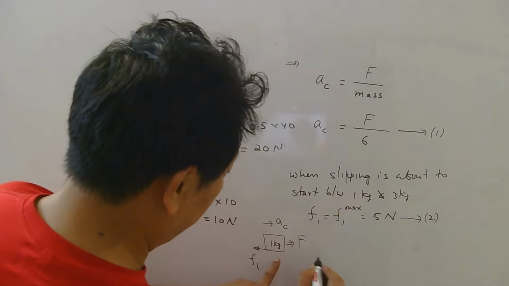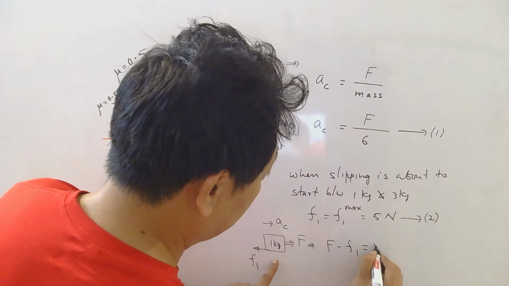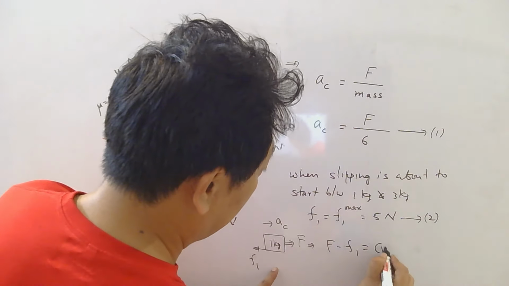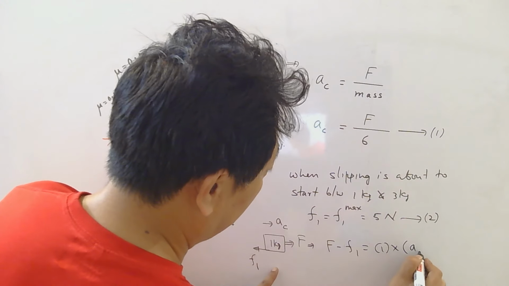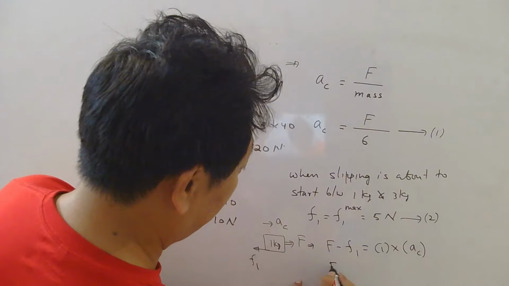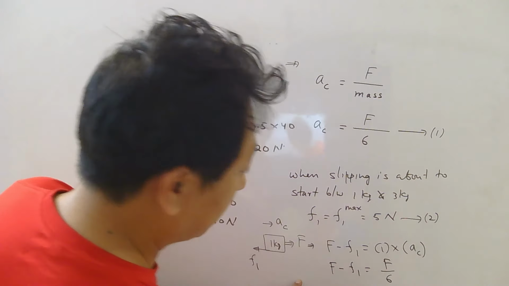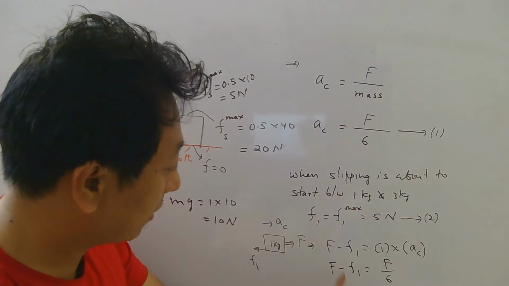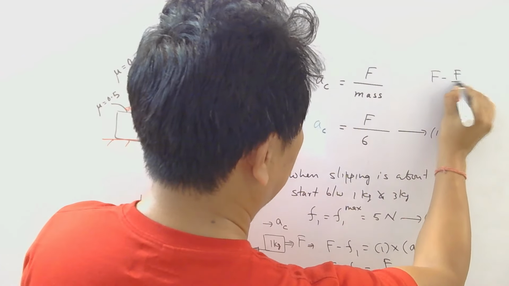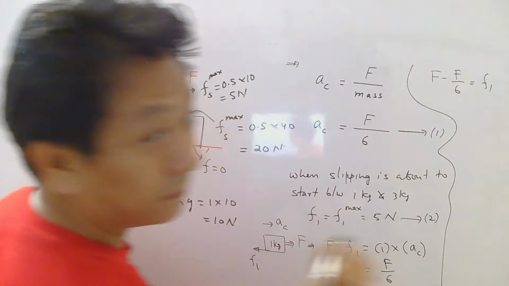So apply Newton's law to this 1 kg block. F minus friction equals m, which is the mass of the first block, 1, into a, which is a common, right? Now this is F1 and a common is F by 6. So I bring it this side and F1 you take that side, you will get F minus F by 6 equals F1, right?